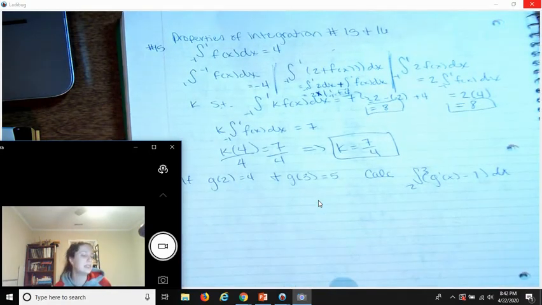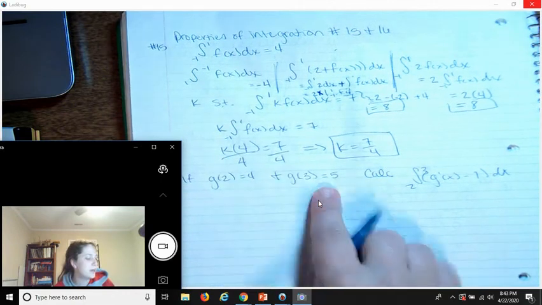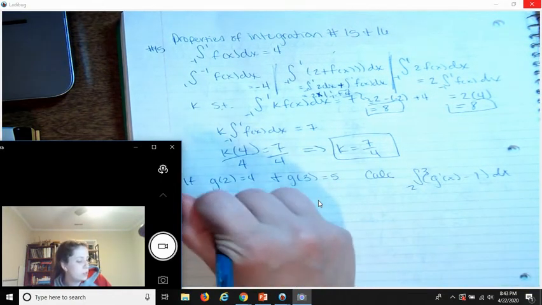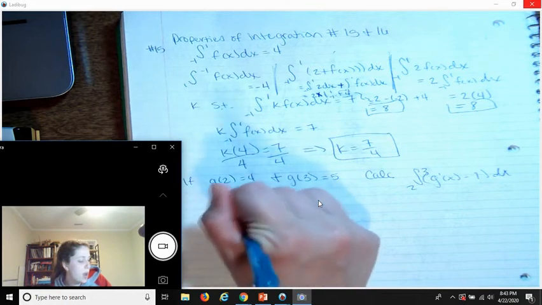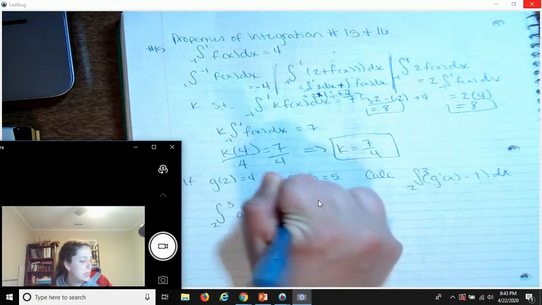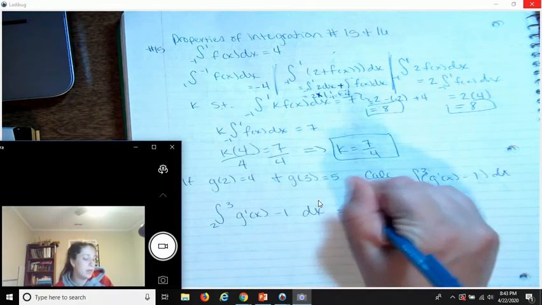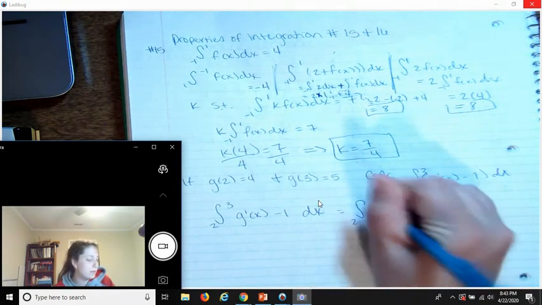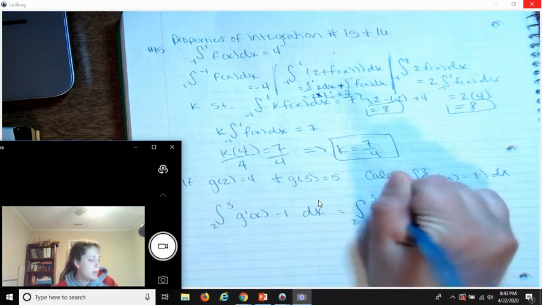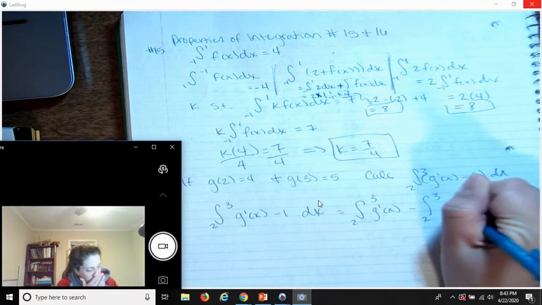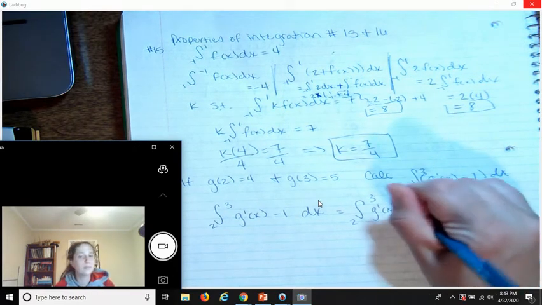Then 16 says if g of 2 is 4, g of 3 is 5, calculate this. So we have the integral from 2 to 3 of g prime of x minus 1 dx. This means that I can split up my integral. So 2 to 3 of g prime of x minus the integral 2 to 3 of 1 dx. Okay.